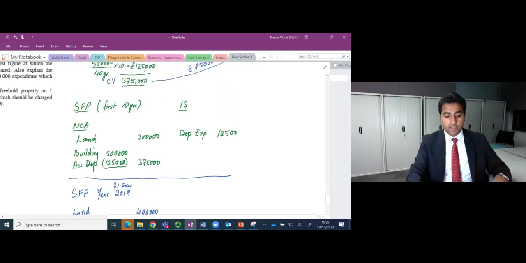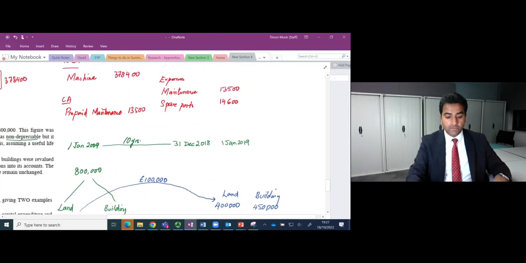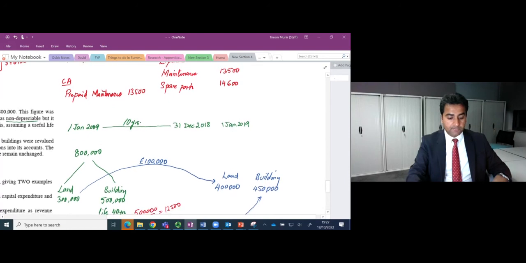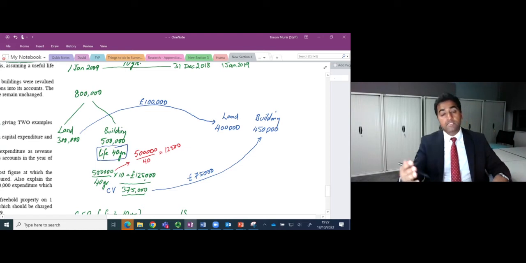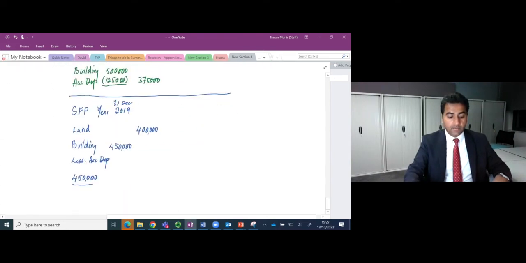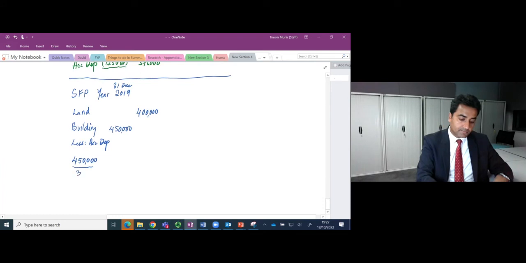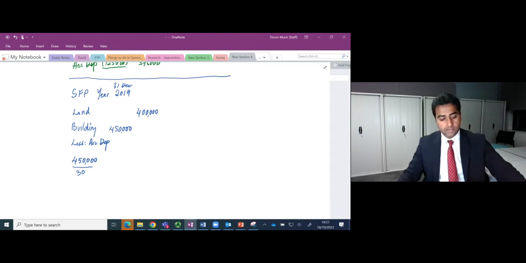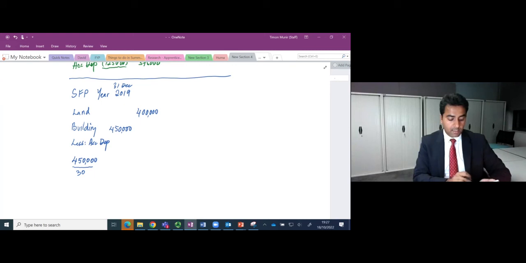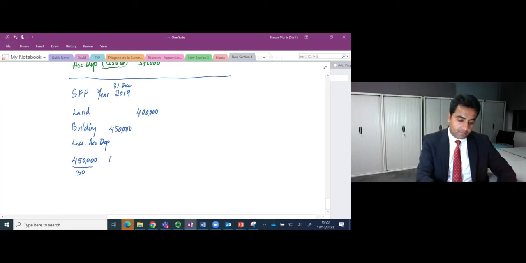Now remember, the original life of the asset was 40 years. Out of 40 years, 10 years have passed, so the remaining life is 30 years. And the depreciation charge for 2019, just for 2019, will be £15,000.